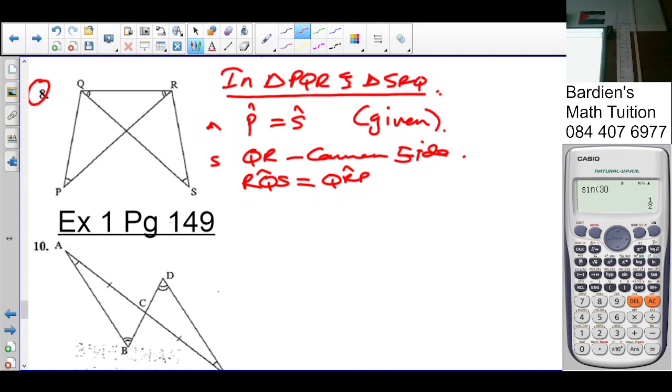Why? Given. So we've got another angle here. Therefore triangle PQR is congruent to triangle SRQ. Why? Angle, side, angle.